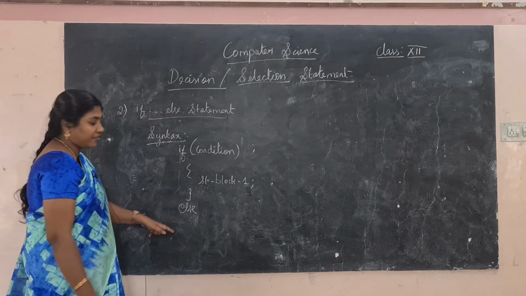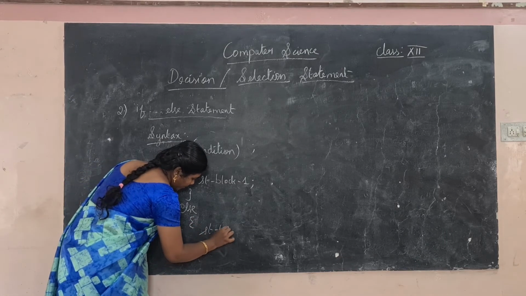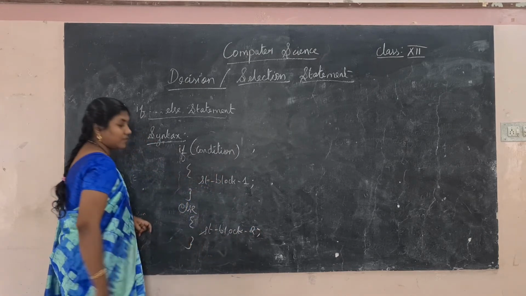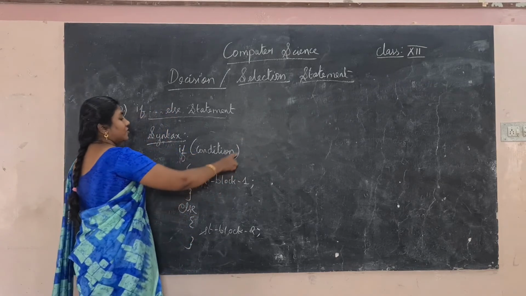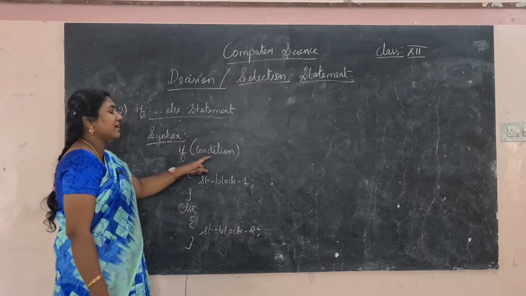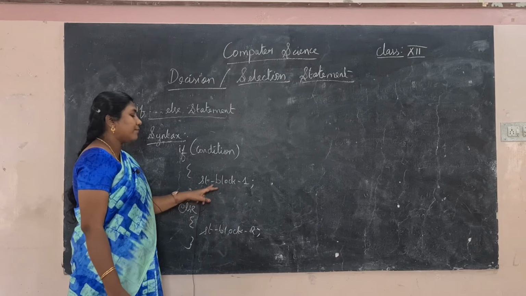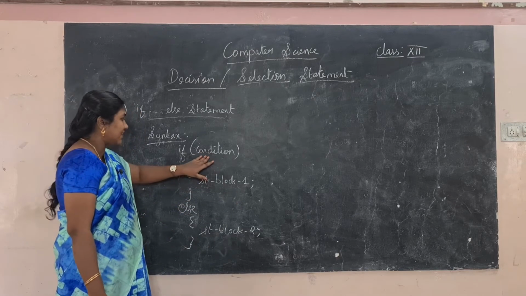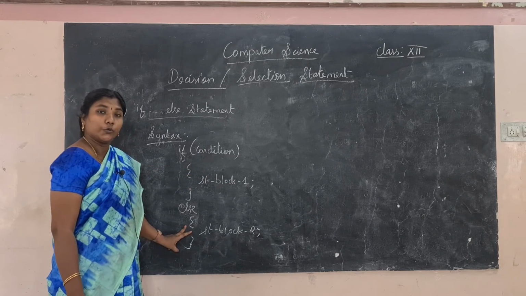Else is a keyword. Then in else we will be having another set of block, that is statement block 2. Close. Okay. This is the syntax. Here we should not give a semicolon because it's the continuation part. So if condition is true, statement block 1 will be executed. If the condition gets false, then it will not get into block 1, it will get into statement block 2.